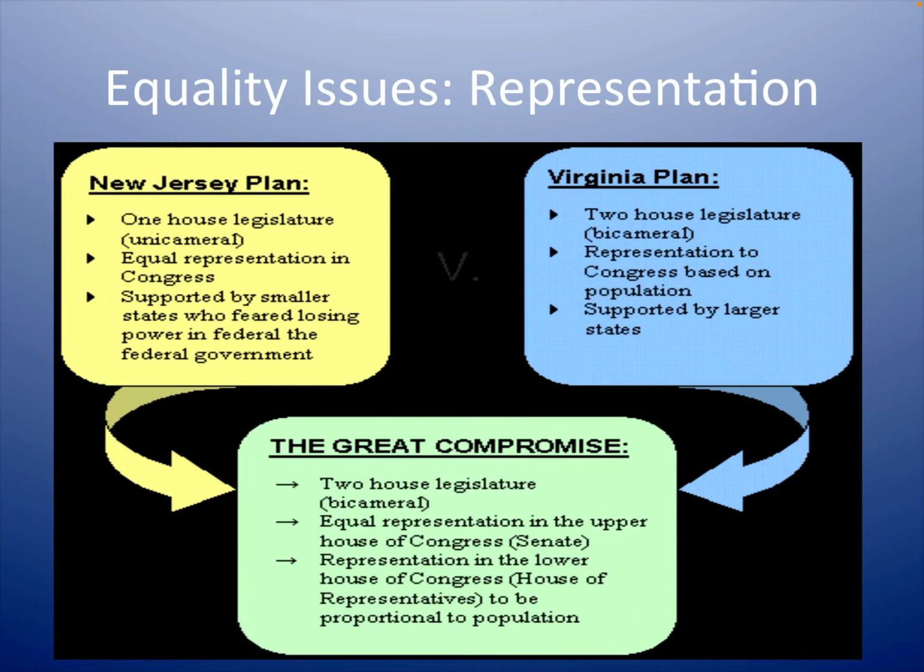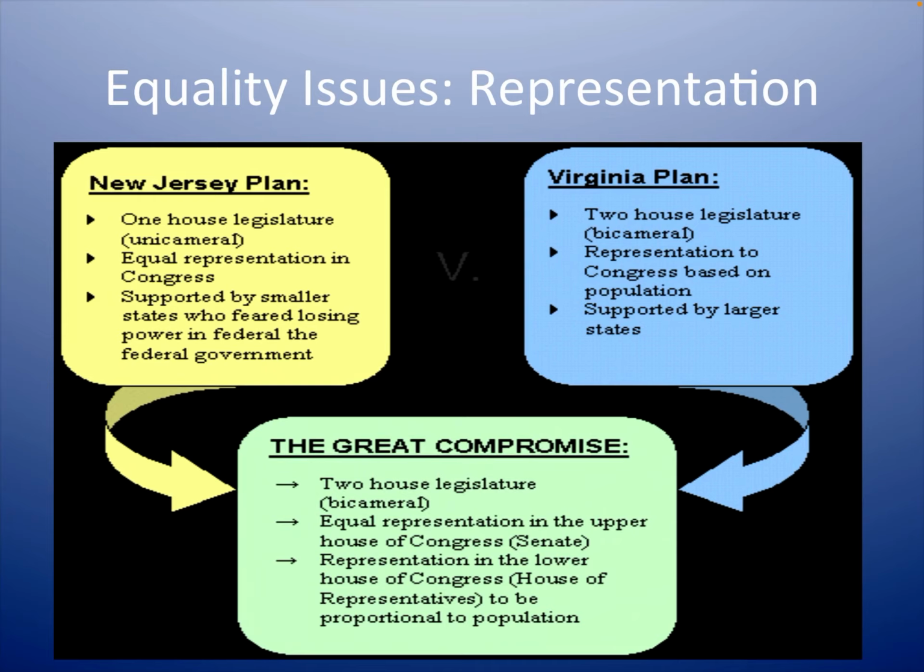And this unicameral legislature would have equal representation in Congress. So very similar to the Articles of Confederation, each state would have the exact same representation as any other state. So this is good news for small states like Delaware. This was supported by the smaller states who feared that if the Congress was based on population, they would lose influence and therefore not be as important as other states.